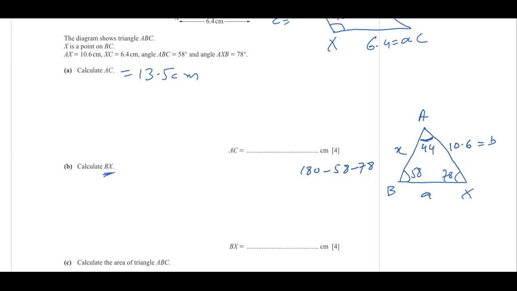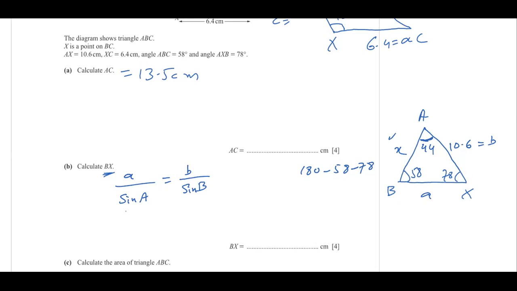I can say A over sine A equals B over sine B. These two are enough. C over sine C, no need, because we are not finding this one. In case you need it, we can, but right now we don't need that.